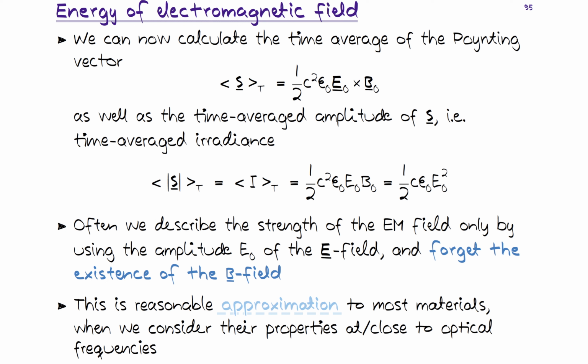But luckily for us, when we have ferromagnetic materials, most of the time light doesn't really propagate much through them, so they're not that interesting materials from an optics point of view. So that's one of the motivations why we can most of the time just skip the B field and its existence.